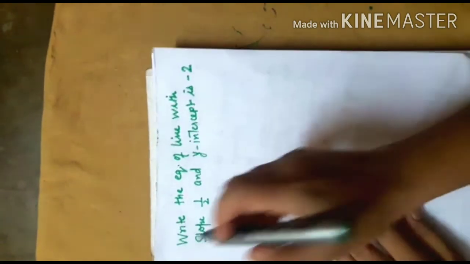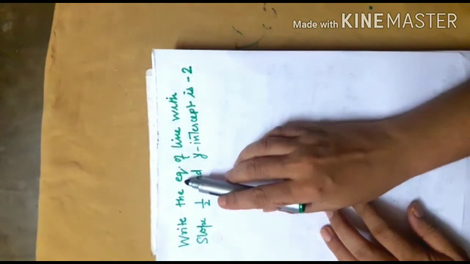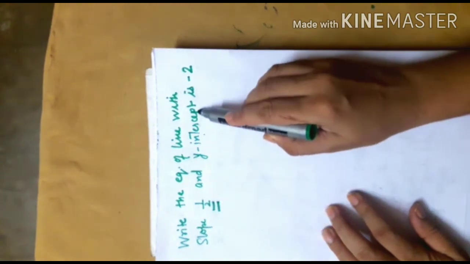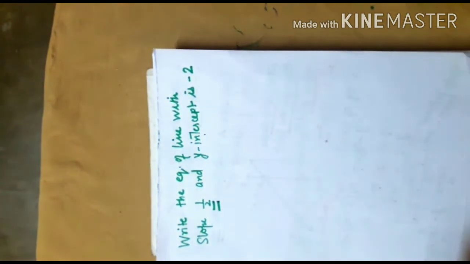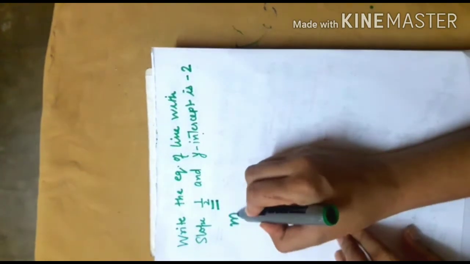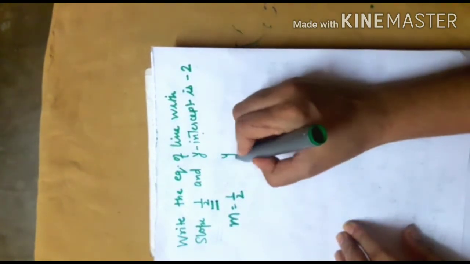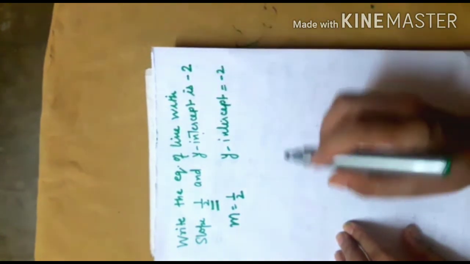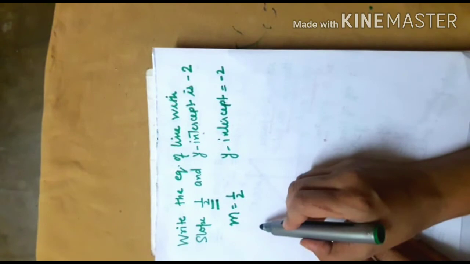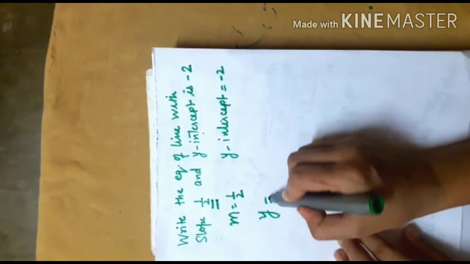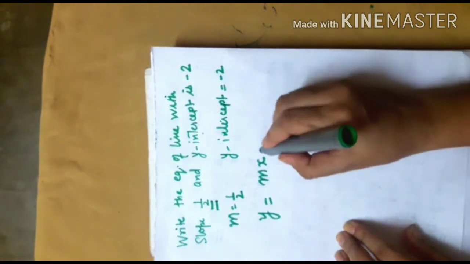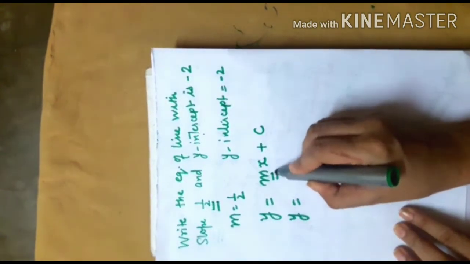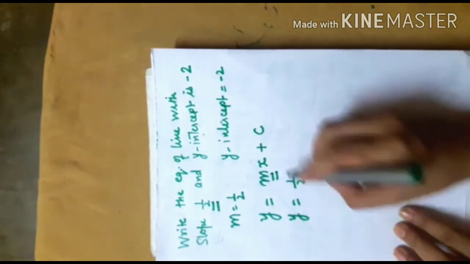For example, if I ask you to write the equation of a line with slope 1/2 and y-intercept -2, that means I'm given the slope and the y-intercept. So by using slope-intercept form, the equation is y equals mx plus c, where m is the slope, so the value is 1/2.